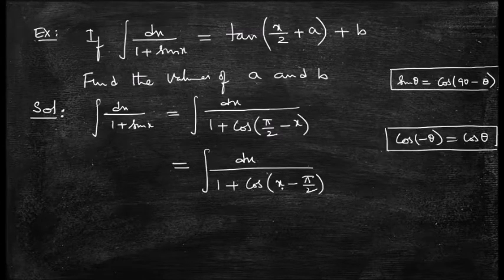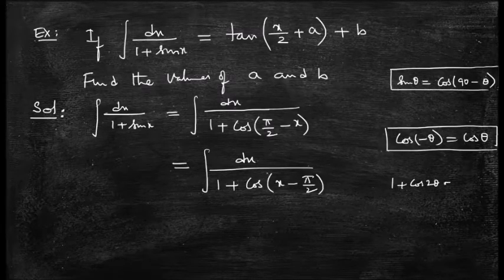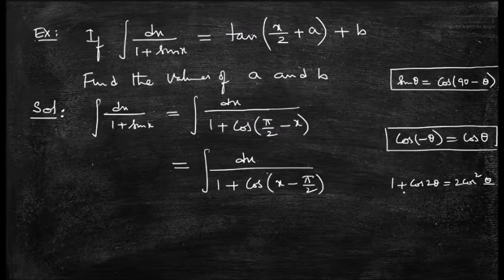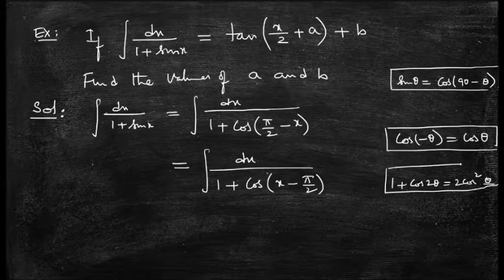Now the 1 plus cos x structure. What is that? 1 plus cos 2 theta is equal to 2 cos square theta, isn't it? So we have this structure in the denominator, but here, instead of 2 theta, cos theta is there.